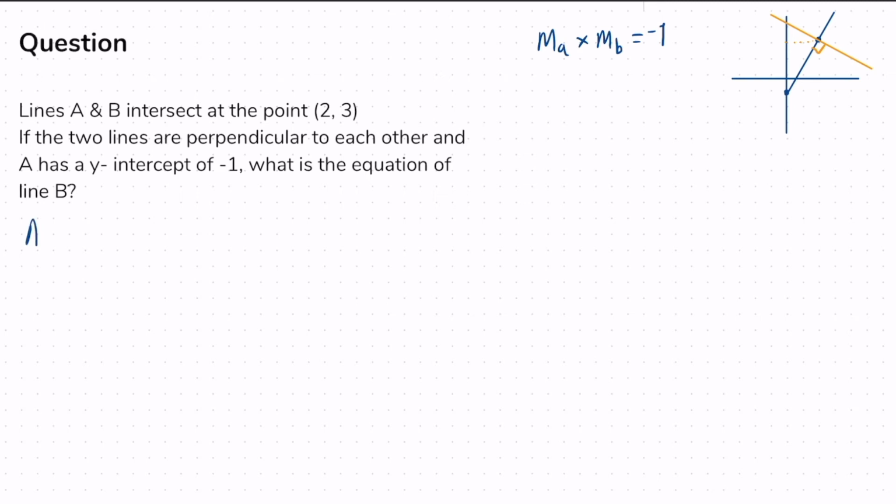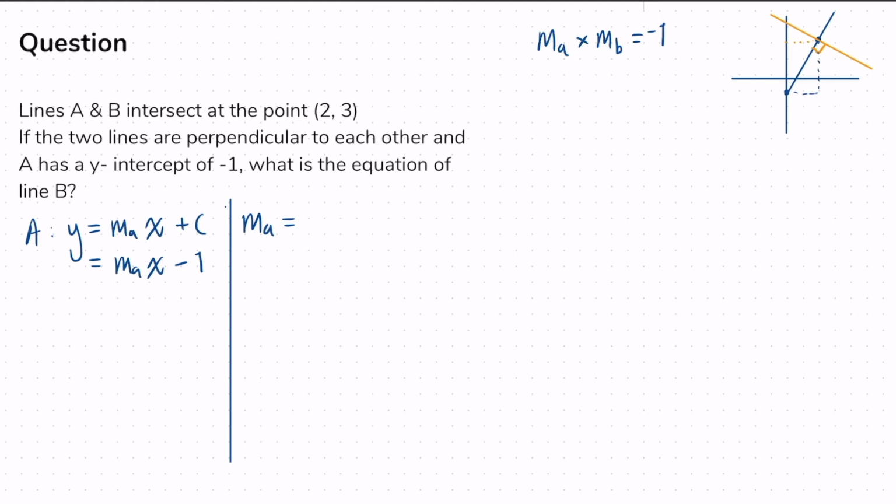So let's go for line A to begin with. Line A is y equal to the gradient of A, x plus c, which we already know. c is -1, so plus -1, that's just -1. Well, what about the gradient of A? Over here we can see two clear points, a change in height over a change in width.